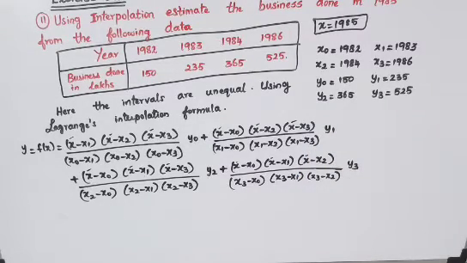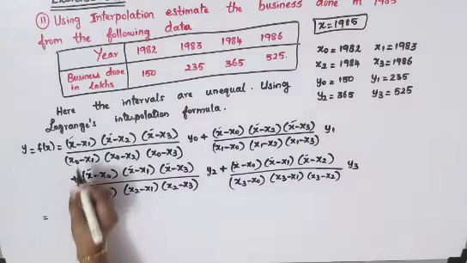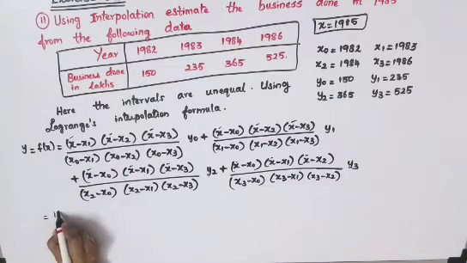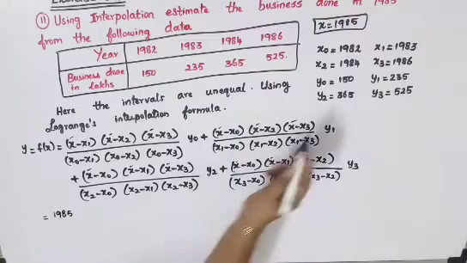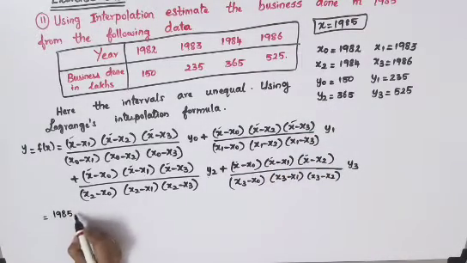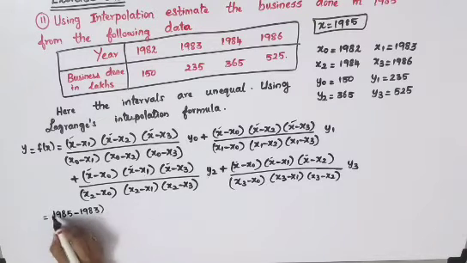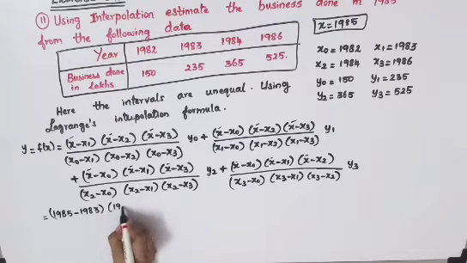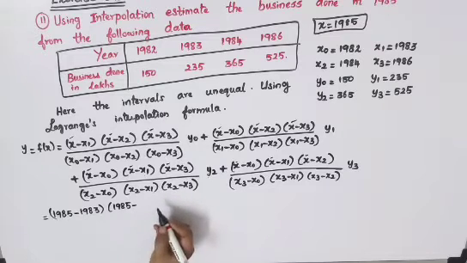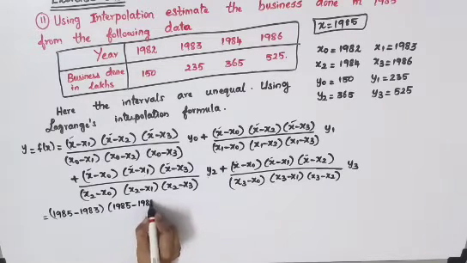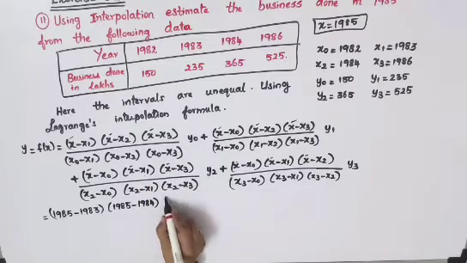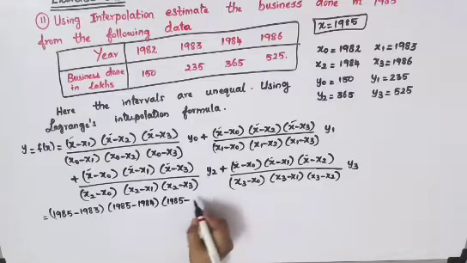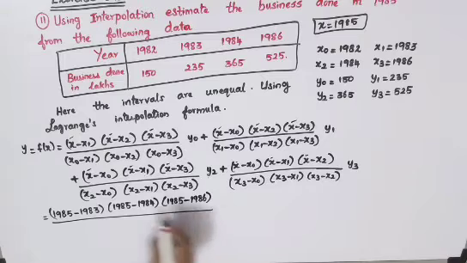So y is equal to x minus x1. Here x is 1985, and you can see the values I have written. So 1985 minus x1 is 1983. Next, 1985 minus x2 is 1984. Then 1985 minus x3 is 1986, divided by, you have to start with x0.